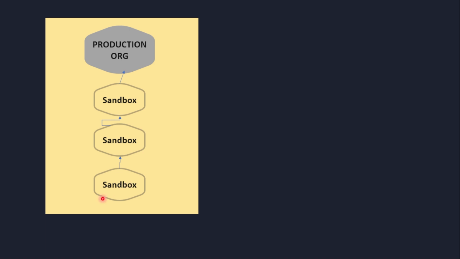In the higher sandbox, the integration team is doing integration testing, and then the next sandbox might be used for UAT and other testing purposes. And then finally, the code and changes will be deployed to the production org.